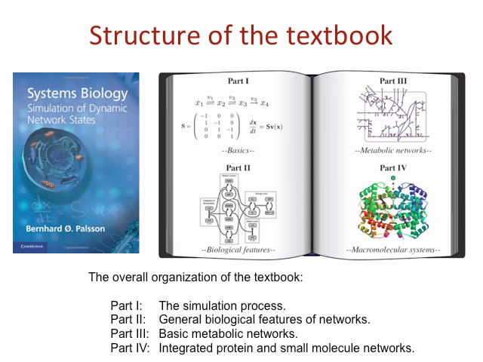Part two shows some of the generic features of biological networks. Part three deals with very specific metabolic processes in a cell. We will build dynamic models of the basic biochemical pathways found in all cells. And part four will show how small metabolites interact with protein to produce realistic biological networks.